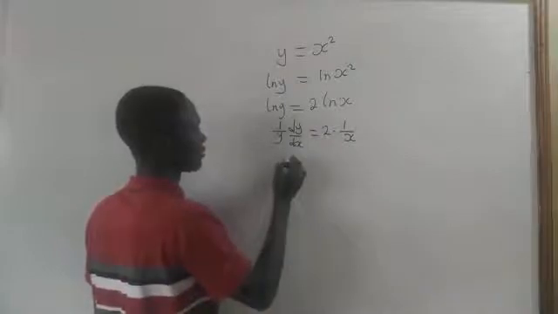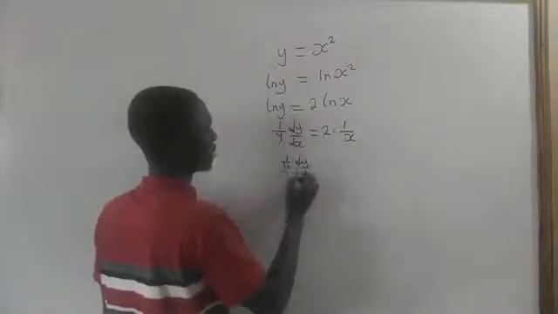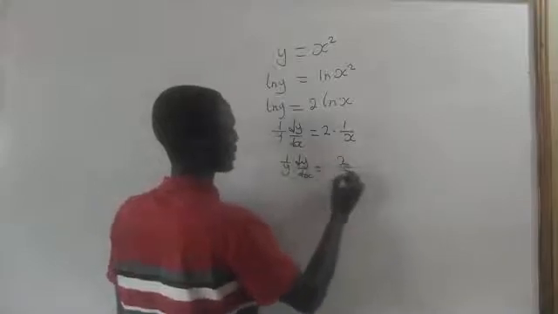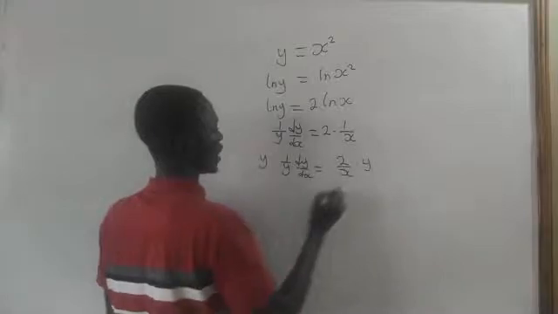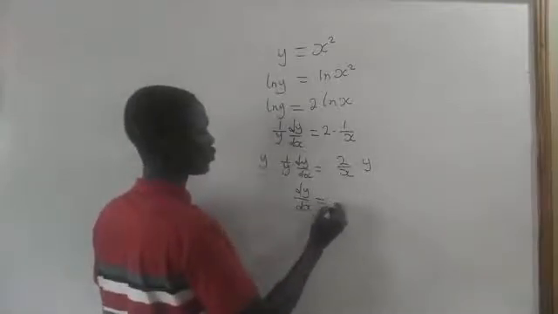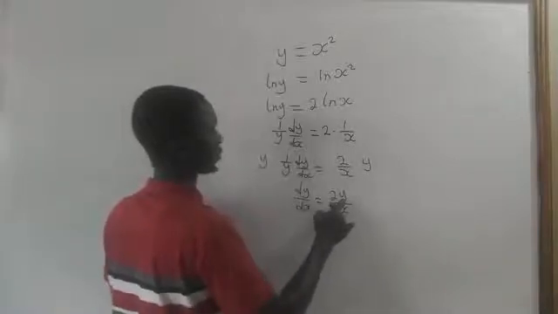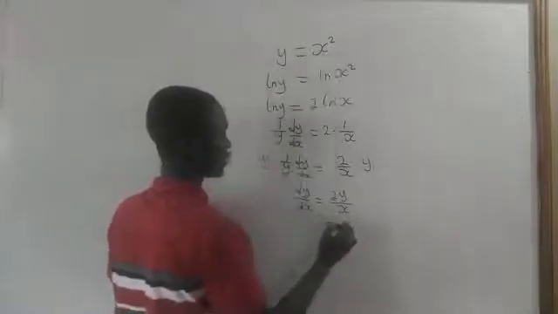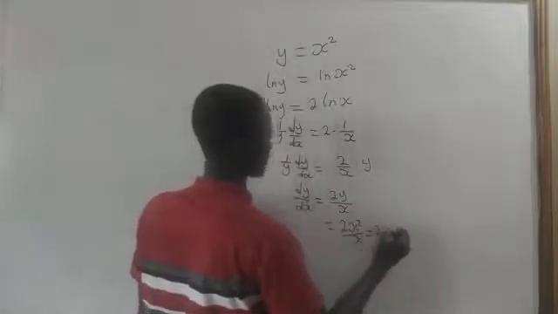So we have 1 on y, dy on dx is equal to 2 on x. Now, if we multiply here by y and multiply here by y, we have dy on dx equal to 2y divided by x. And what is y? That is x squared. So you have 2x squared divided by x, and that is 2x.